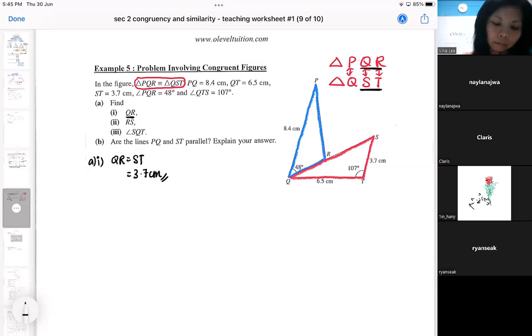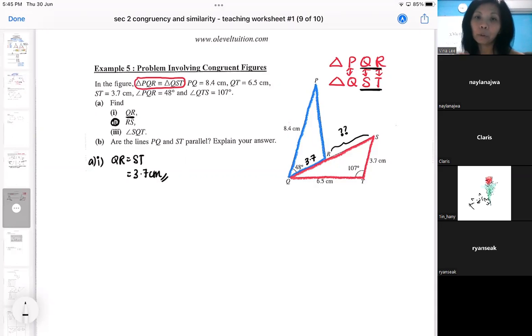Okay, the next one is maybe a little bit more indirect. It is part of a length. This one is 3.7 here.